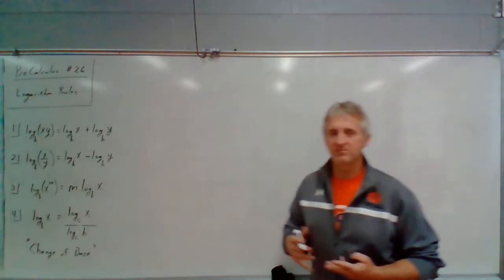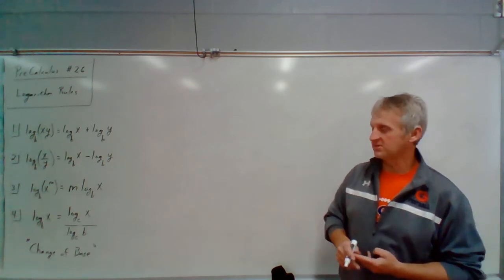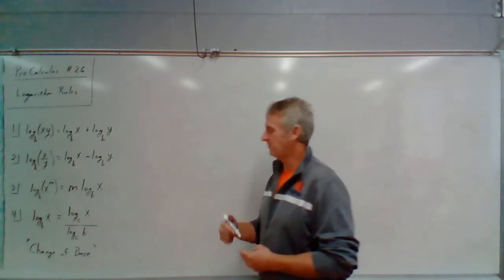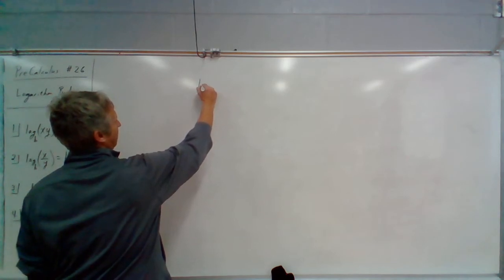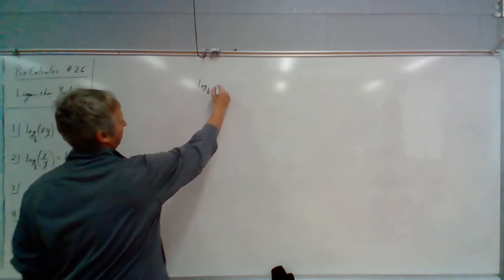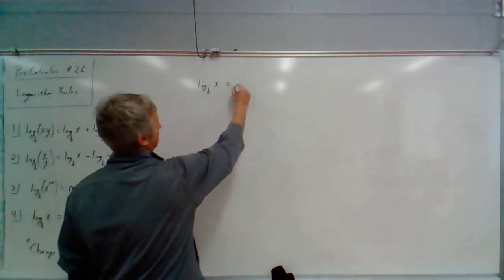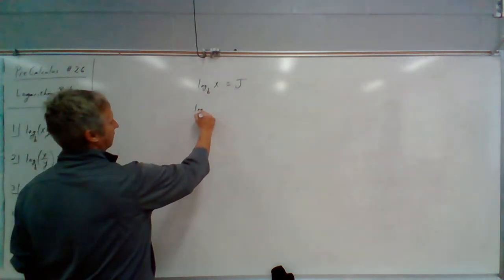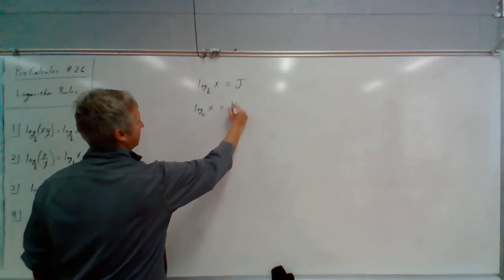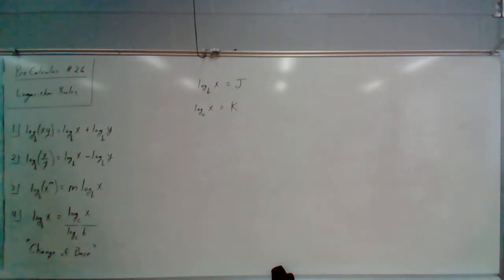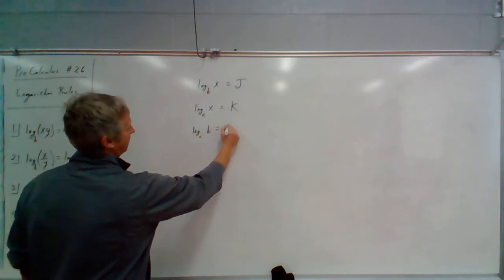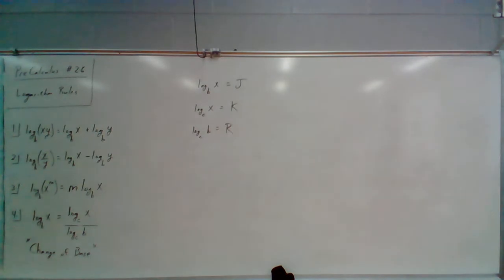All right, so again, to prove it, same general strategy as before. I'm going to give each of those terms a name, tell what they mean, and then see if I can do some kind of algebraic manipulation to get it in the form I want. So let's call log base B of x J. Log base C of x, let's call that K. And log base C of B, let's call that R. Then let's tell what each one of these means.